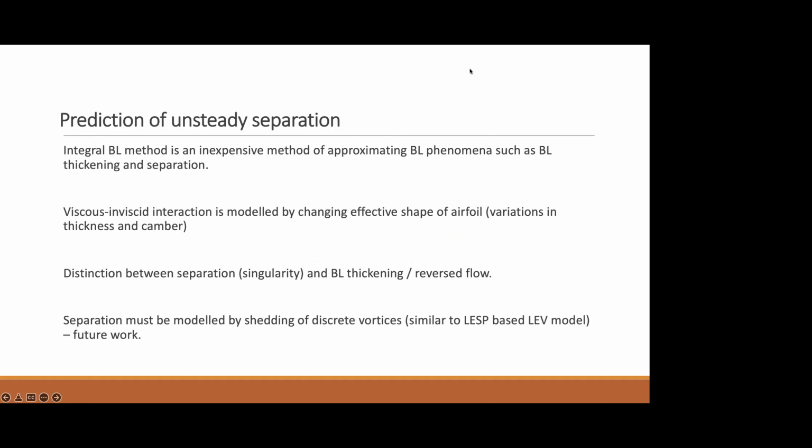I guess that the separation on the surface from the trailing edge or in the middle of the chord would be much different from a separation from the leading edge. Just out of curiosity, how do you treat the separation angle?